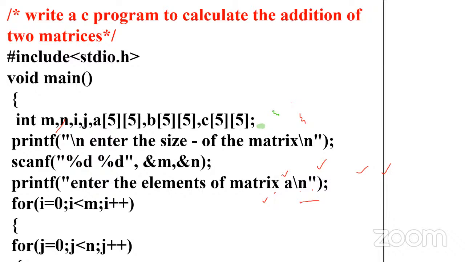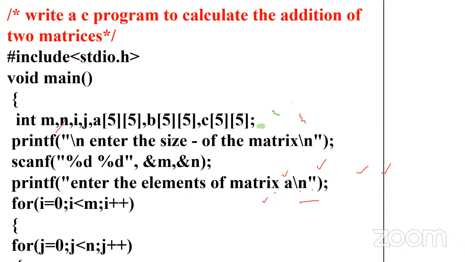I will give you time to write, okay? Just listen first. After that, I will give you time. Next, from the user side, you enter the size of the matrix. So here with scanf, we are entering, suppose, 3 by 4.